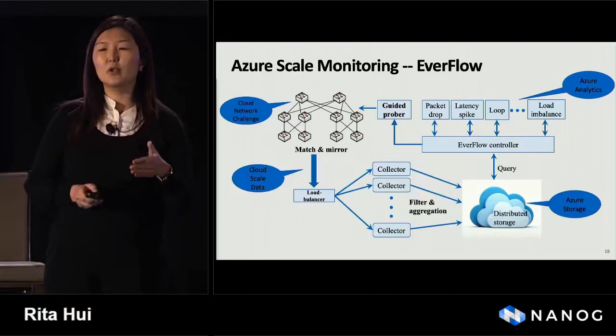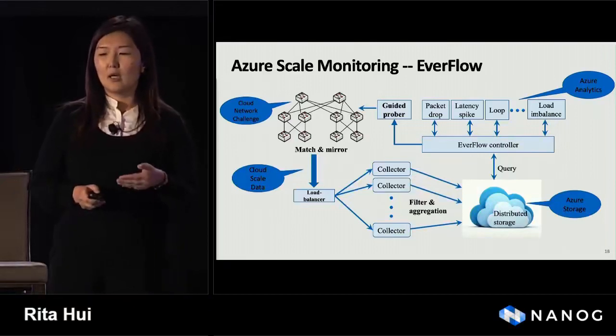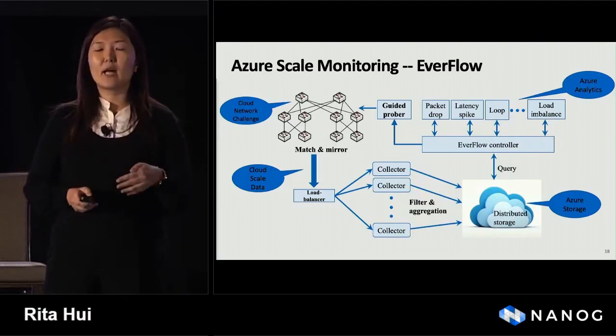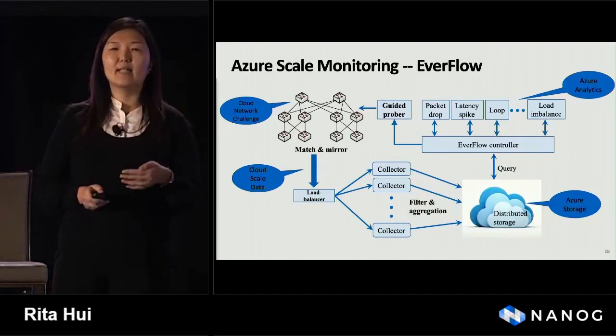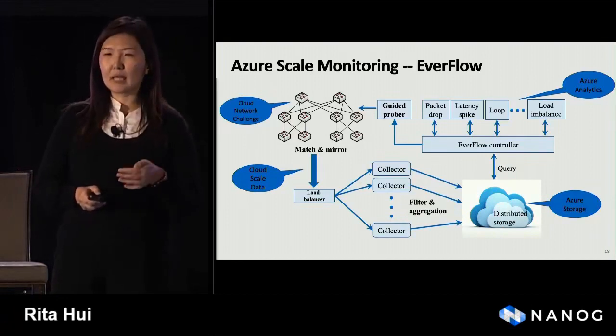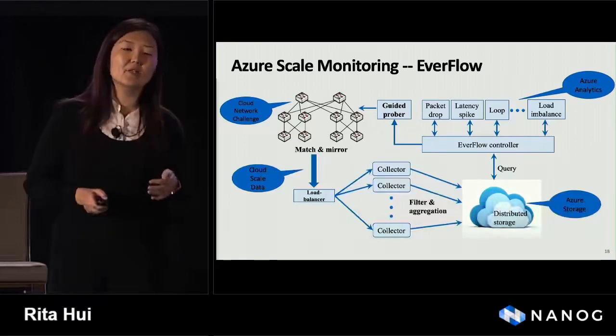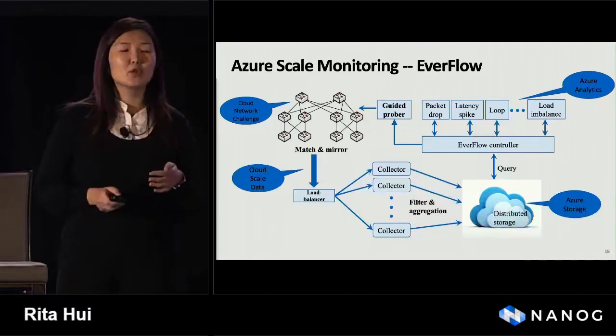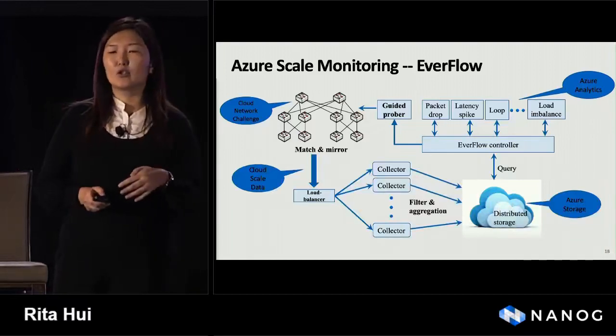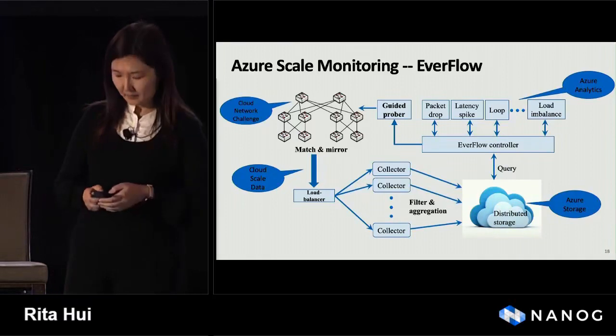Using the Everflow solution for latency spikes, it can also confirm where exactly the latency occurs. So this is one example of how we integrate SONiC into our data centers to solve the challenges.